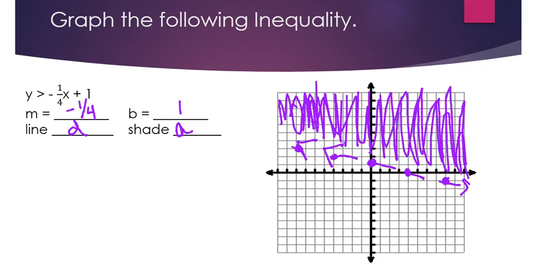Now, when you have an inequality like this, if it is a dotted line, okay, and they ask you if a point on that dotted line is a part of your solution, the answer is no, because y is greater than that. It does not include it. If it's a solid line, y is greater than or equal to, then it includes your equation, your line, okay?